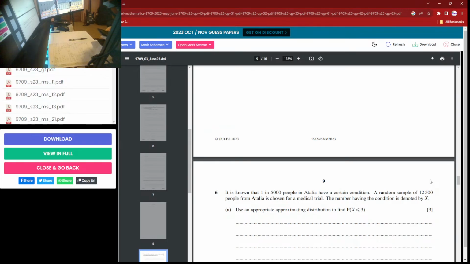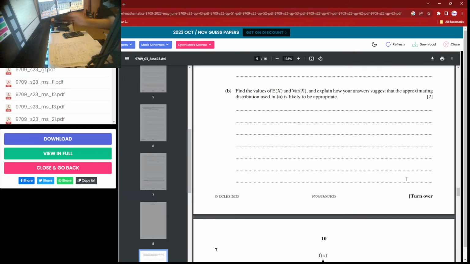So e to the negative 5 over 2 times 1 plus 5 over 2 plus (5 over 2) squared over 2 factorial plus (5 over 2) cubed over 3 factorial gives us 0.758.